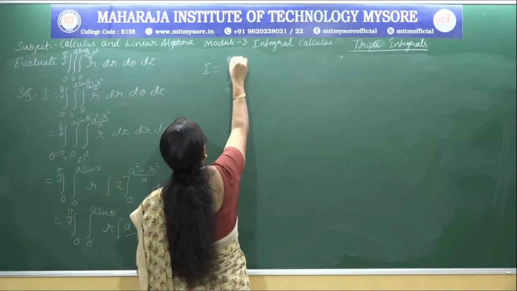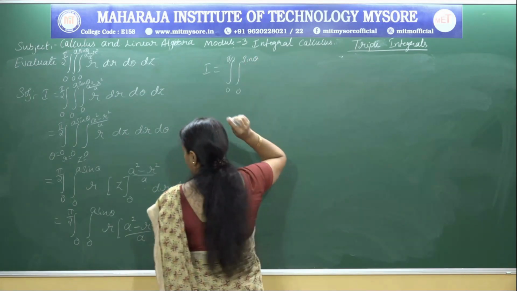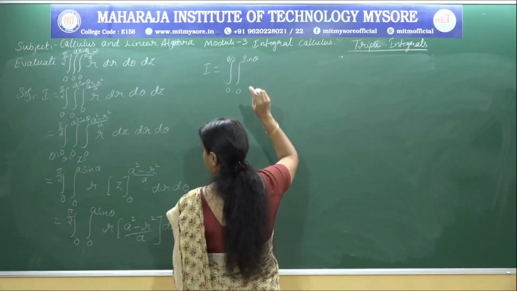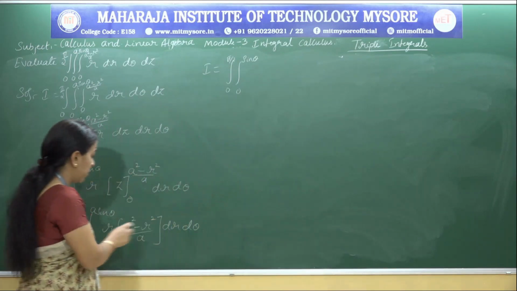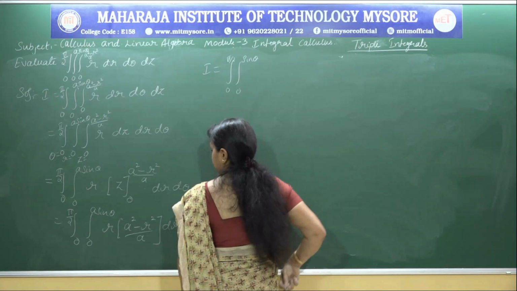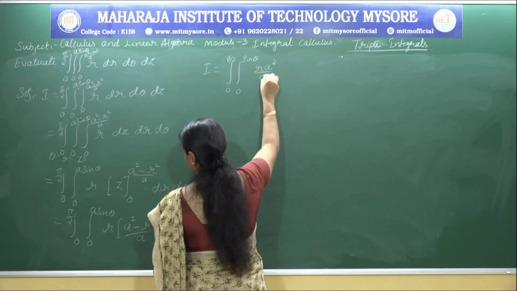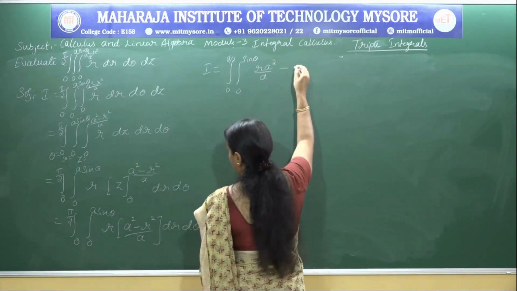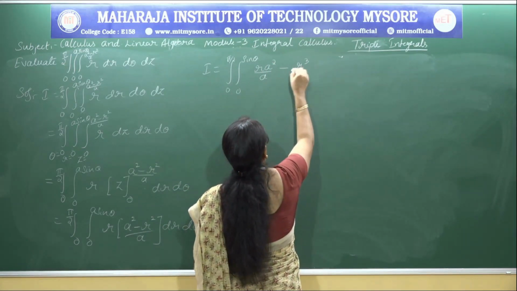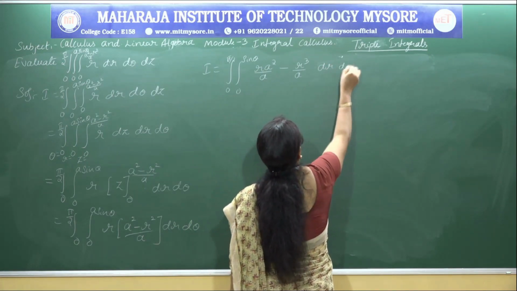integral 0 to pi by 2, integral 0 to a sin theta, r into a square by a, minus r into r square, r cube by a, dr d theta.